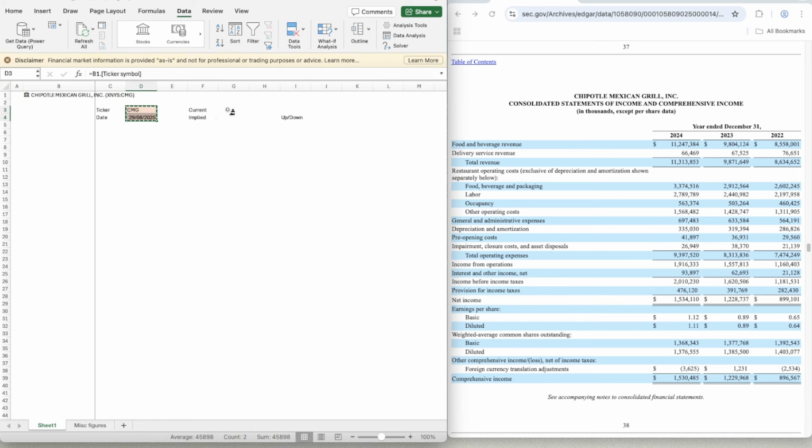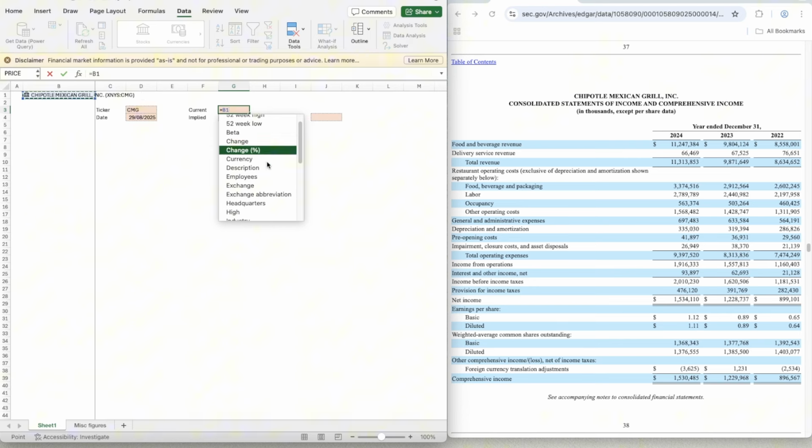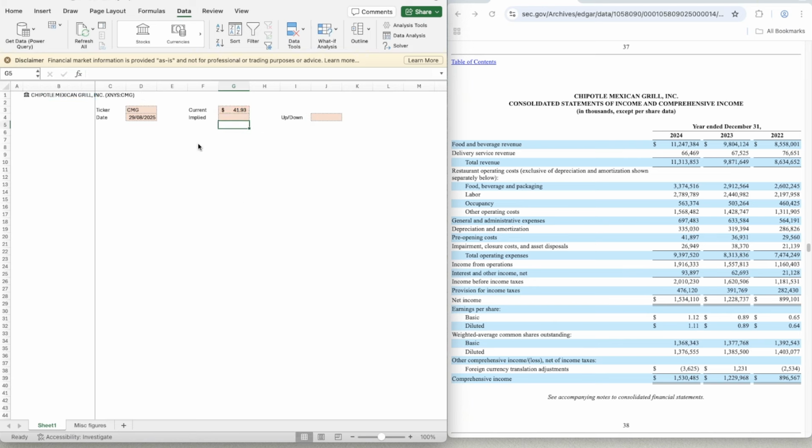We'll take this formatting, put it there, and we can go here, and this is going to equal Chipotle current price. We can leave these two for now because we need to get the implied price after we have built it.